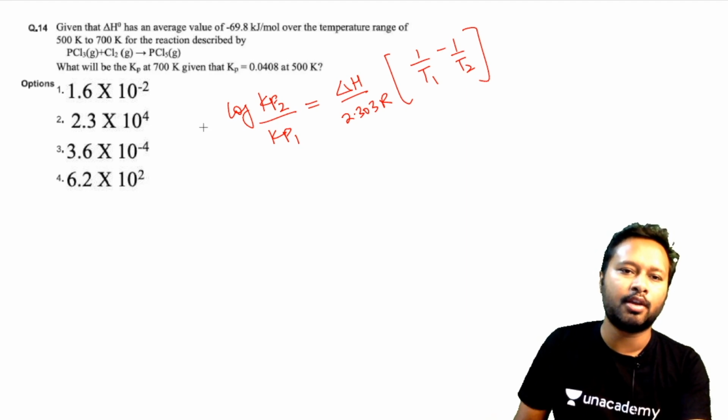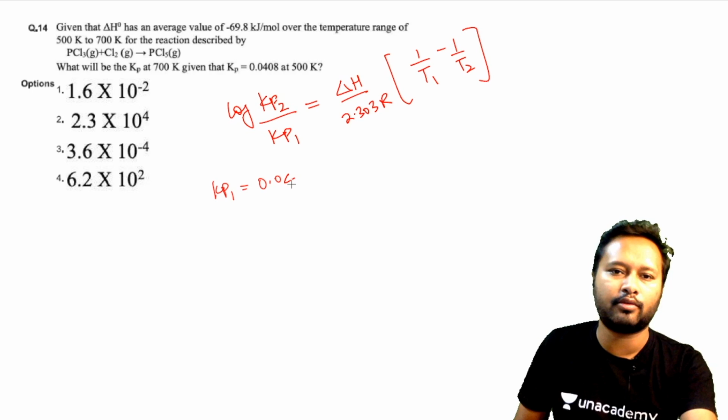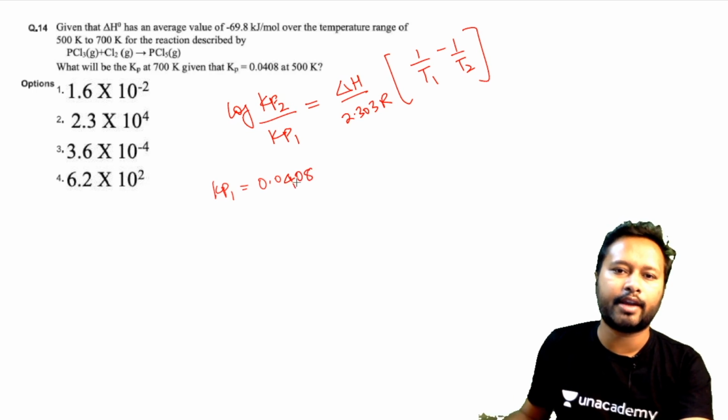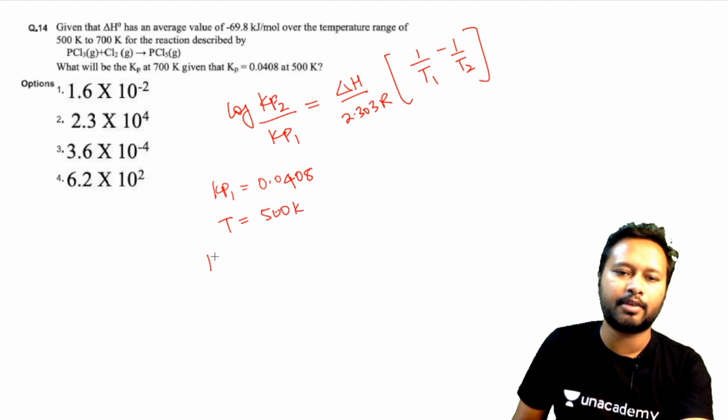Everything is given to you, T1, T2. You can keep Kp1 equal to 0.0408, and you can put temperature T1 as 500 Kelvin. Kp2 is what you have to calculate, and T2 will be 700.